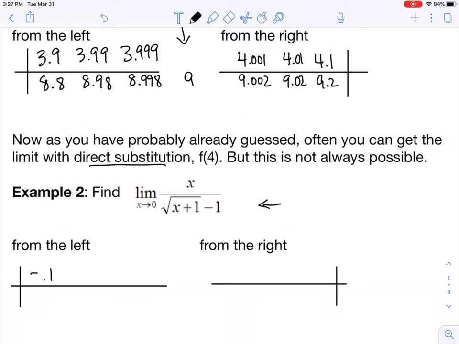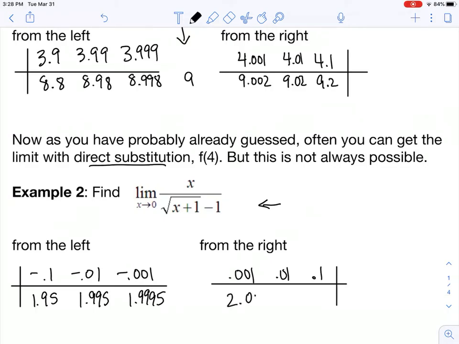All right, now here's my table. I chose negative 0.1, negative 0.01, and negative 0.001 on the left. And on the right, I chose 0.1, 0.01, and of course 0.001. So creative that I am. All right, for negative 0.1, I got 1.95. For negative 0.01, I get 1.995. And 1.9995 for negative 0.001.